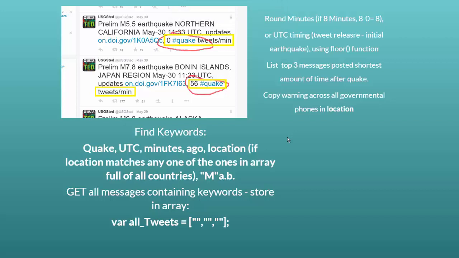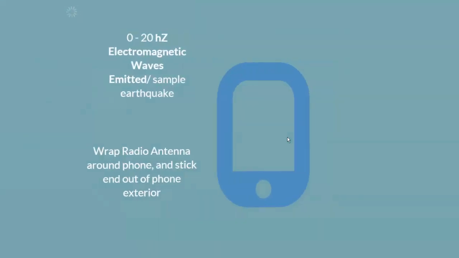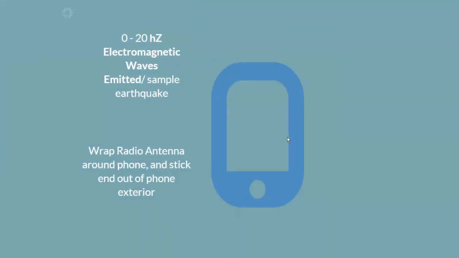So now let's move on to how we can utilize electromagnetic waves to detect earthquakes. So let's say we know that an average earthquake, or for example a sample earthquake, emits from 0 to 20 hertz of electromagnetic waves from the epicenter. So what can we do to detect those electromagnetic waves?